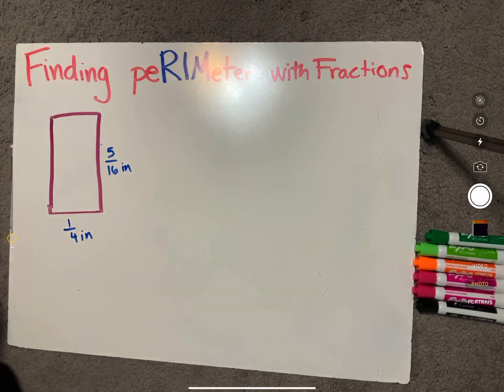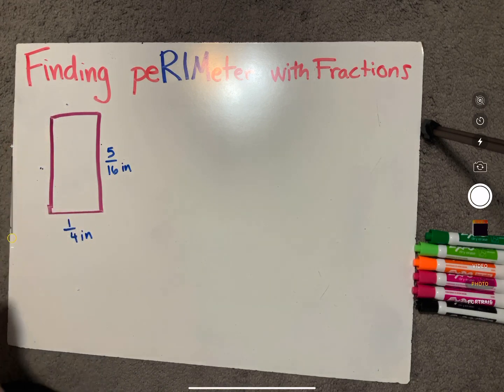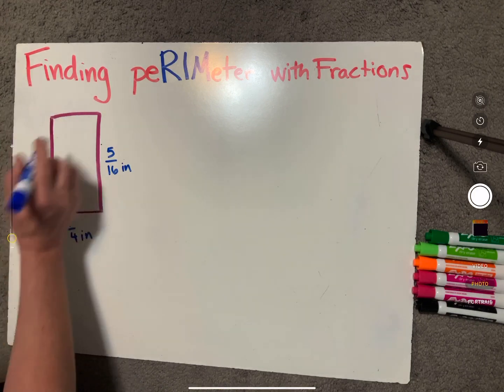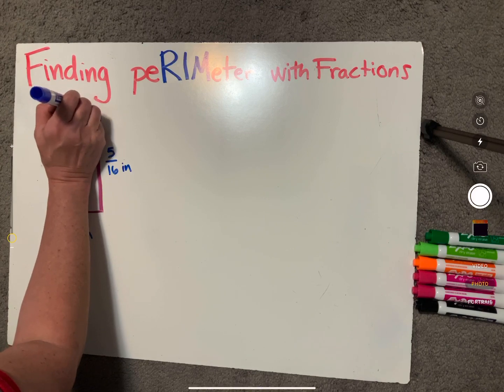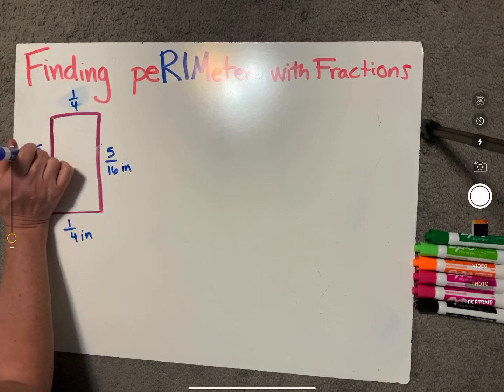Now this is not drawn to scale or to size. We're labeling a rectangle here. So no, I haven't measured that. It's not 5/16 of an inch, and that's not 1/4 of an inch. The one thing about perimeter, same thing as if you're doing with whole numbers, do not forget about this side and this side. So what I like to do is label them so I don't forget. Oops, this is not the 5/16 side. This is the 1/4 side, and this is 5/16.